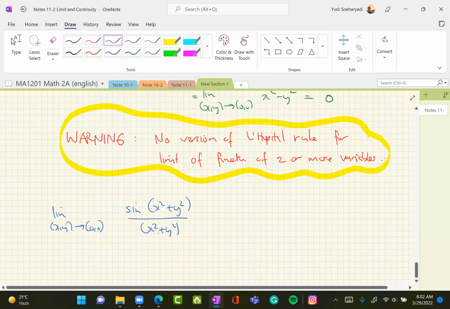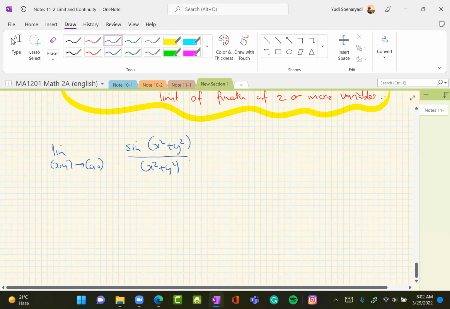It looks like, say x tilde, this limit has the form of limit of sine x over x, something like this, which is 1.